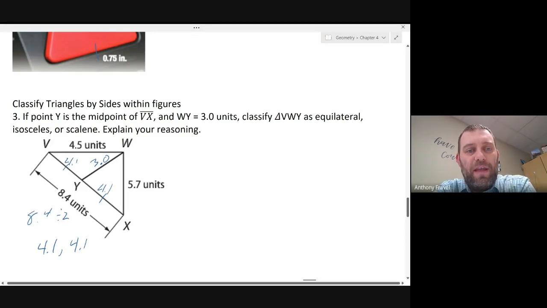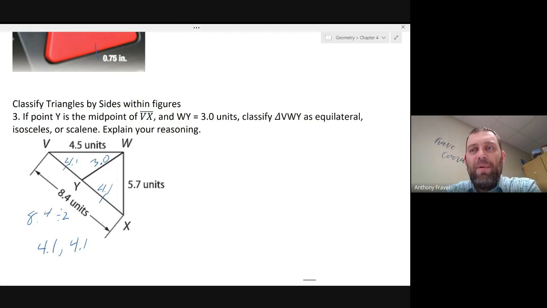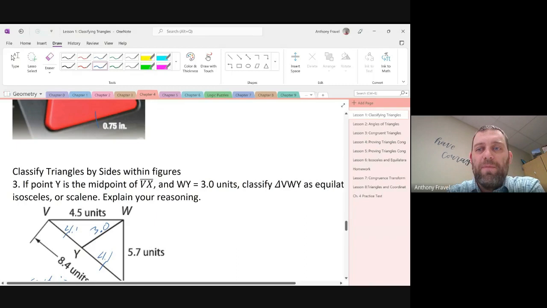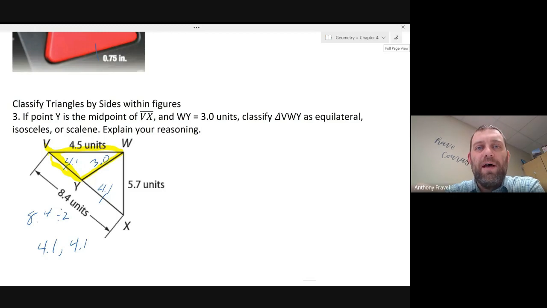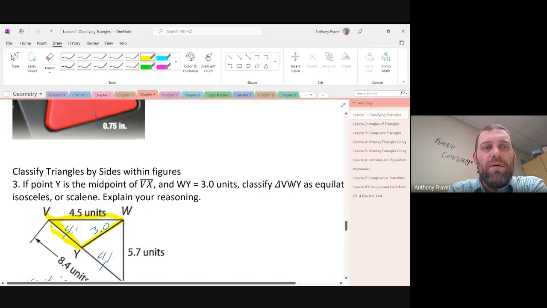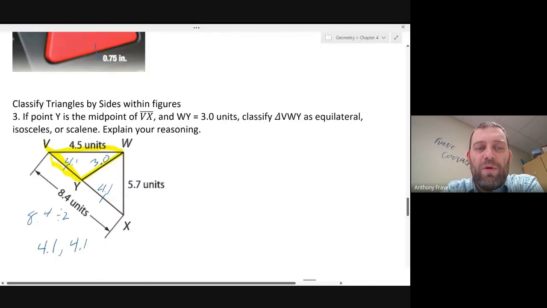I can start to put it together. It says triangle VWY. I'm going to get that highlighter again, so bear with me. I've got VWY. I'm only looking at this triangle right here. I've got a 4.5 unit, a 3.0 unit, and a 4.1 unit. So what type of triangle do I have? That one is going to be scalene.